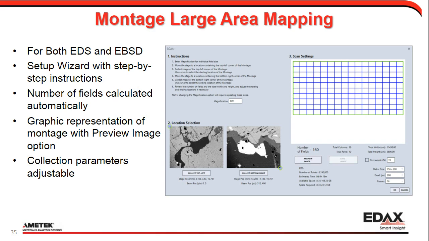Matrix size, dwell time, and frames can be adjusted to complete the setup wizard. The time duration estimation and required disk space will be updated accordingly. After this setup wizard is finished, you can just simply click on the connect button to start the mapping process.